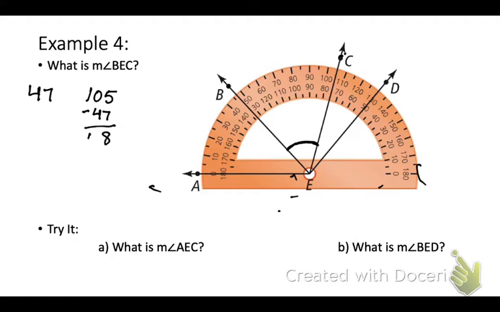How about you guys? Okay, so I get 58. So what about AEC? Do I have to do any subtracting for AEC? No. So what is the measure of AEC? 105.